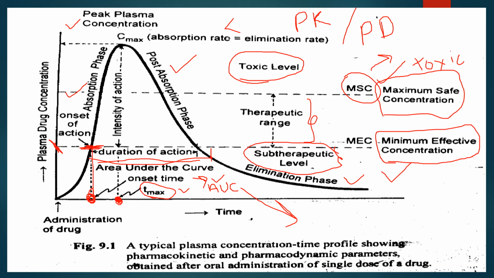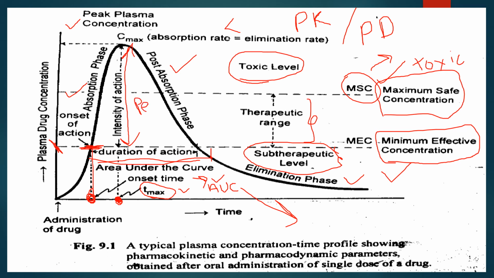Now intensity of action. You can see here in this graph, this arrow represents the intensity of the action. This area represents the intensity of the action. It is the maximum pharmacological response produced by the peak plasma concentration of the drug. It is also called the peak response.